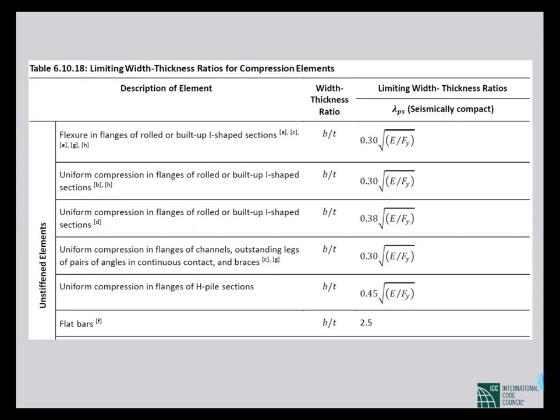There this table is given. The table number is 61018, the limiting width thickness ratio for seismically compact sections. I'm showing only the unstiffened elements. For stiffened elements, there are other values in the table.